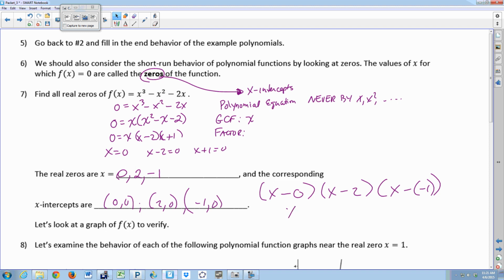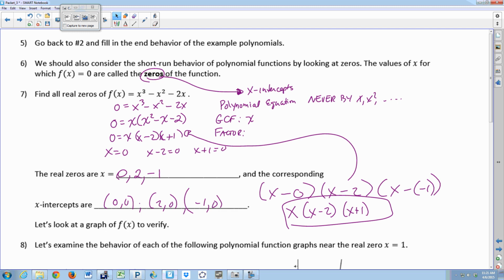So x minus 0 is x, x minus 2 is x minus 2, and x minus -1 is x plus 1. And that's exactly the factorization I got right here. So if you know a zero, you know a factor. We did that a few classes ago, the factor theorem. So if 2 makes a zero, then the factor had to look like x take away 2. If -1 makes a zero, the factor must have been x plus 1. So when you put a -1 in there, you create a nice big 0.